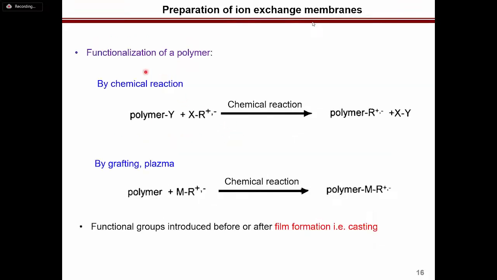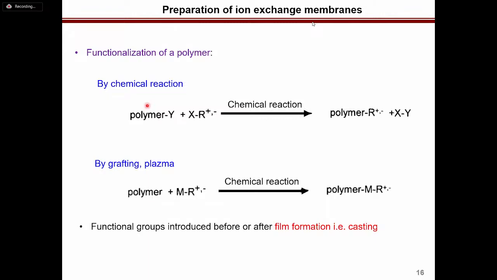Okay. The other way is functionalization of the polymer, again through chemical reaction, where you can introduce the functional groups by different methods, for example by grafting, by plasma, or by chemical reaction.